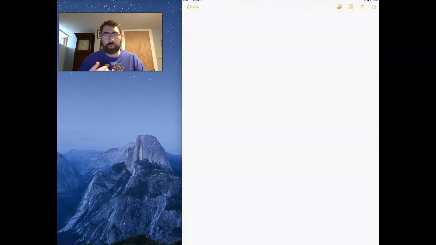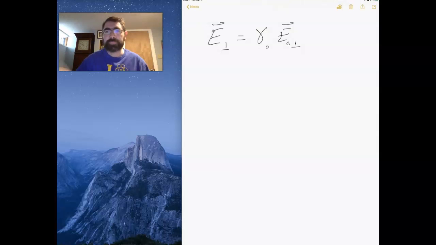But the electric field is proportional to the charge density, and since the charge density gets modified because of the length contraction, the perpendicular component of the electric field in a frame, say S bar, is going to be gamma 0 E0 perpendicular. So it's the perpendicular component of the electric field that gets modified by special relativity, even though the electric field is not in the direction of the motion.